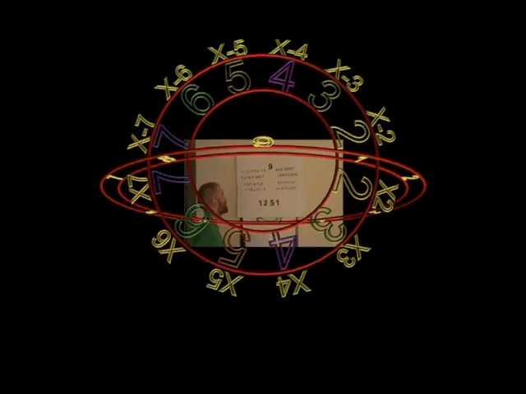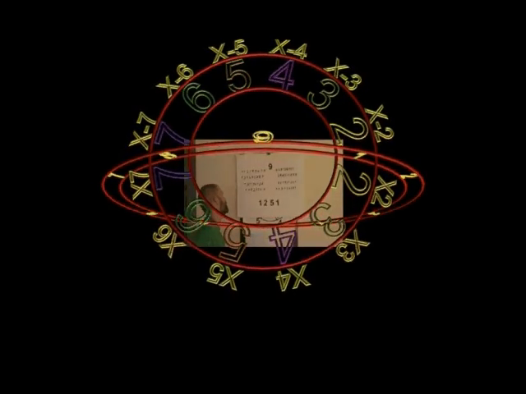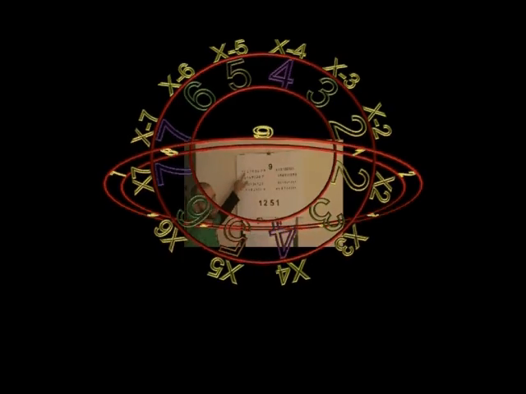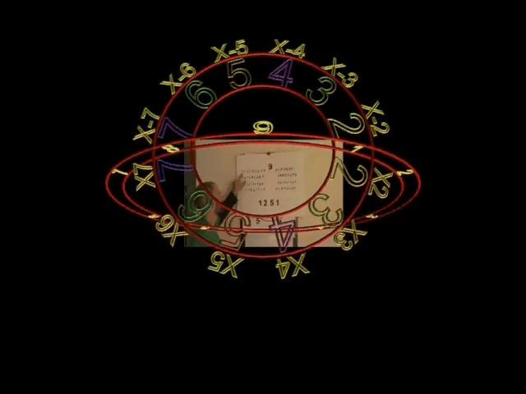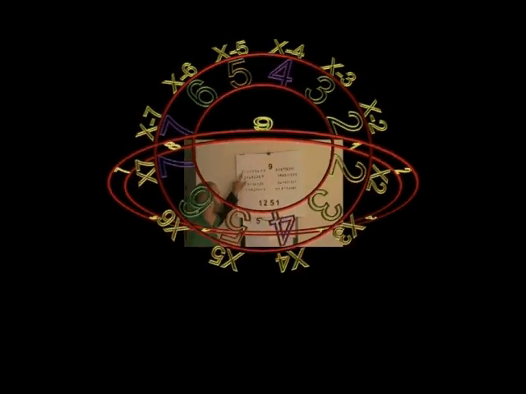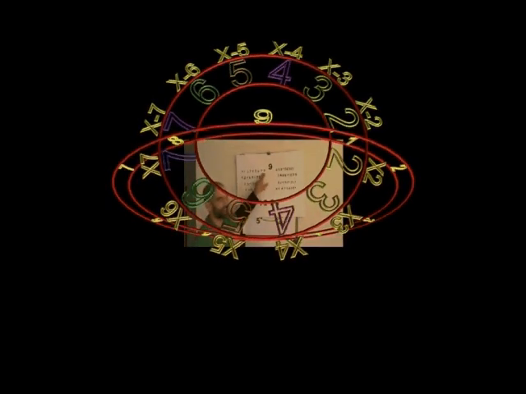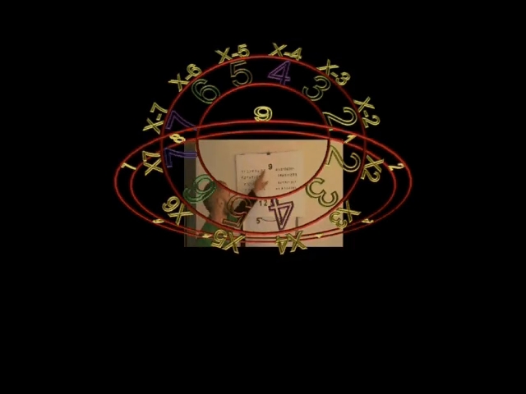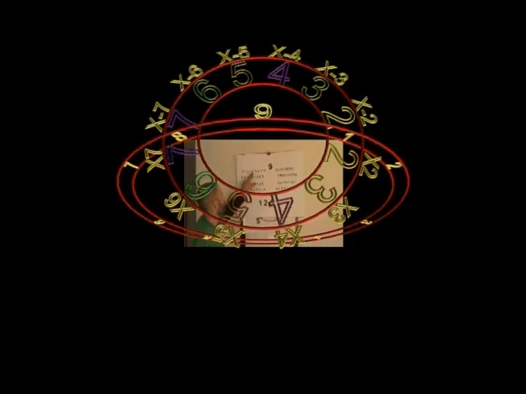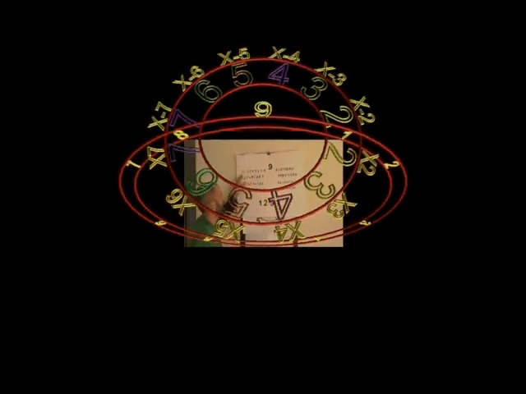And 8 times 8 is 64, which comes back to 1. 8 times 9 is 72, which comes back to 9. So in other words, my 8 in single digits is going 8, 7, 6, 5, 4, 3, 2, 1, 9.